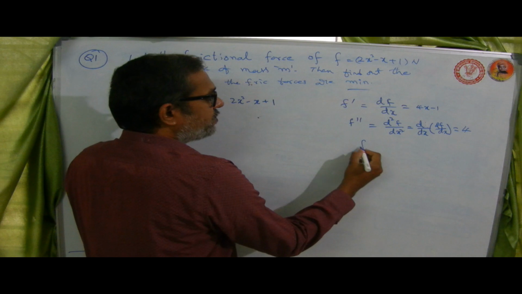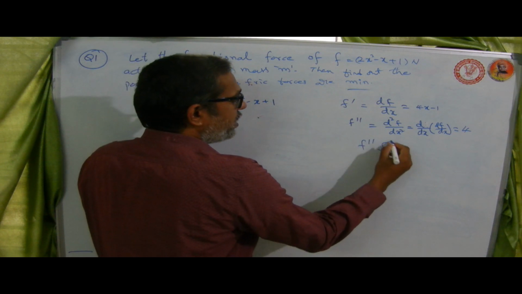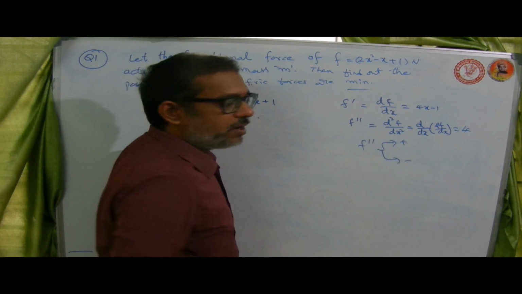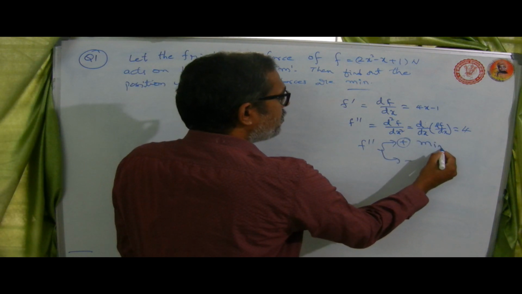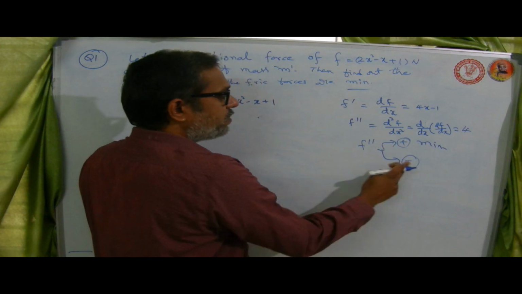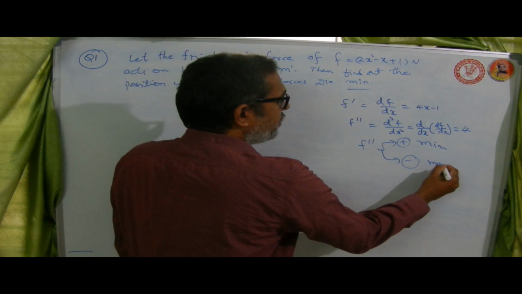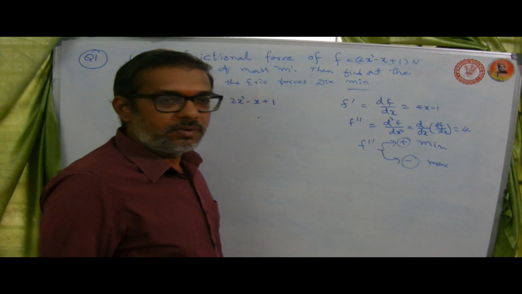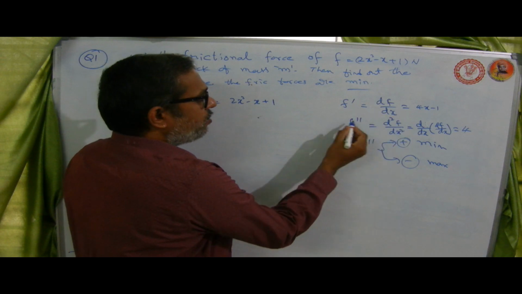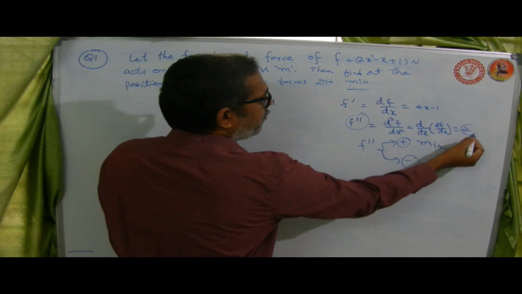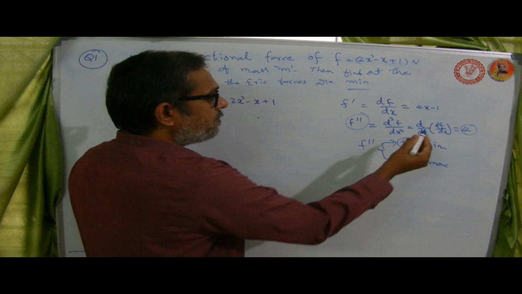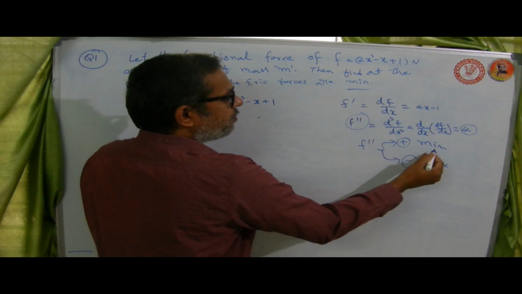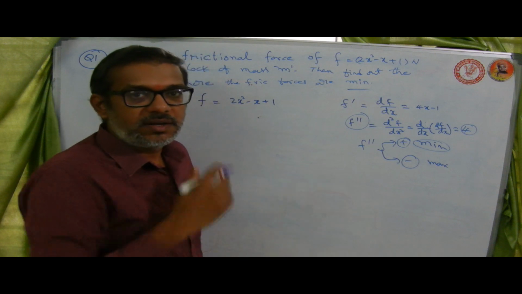If the F double dash value is positive, we get a minimum point. If F double dash is negative, we get a maxima. Here F double dash is 4, a positive value greater than 0, so we get a minima value at that location.